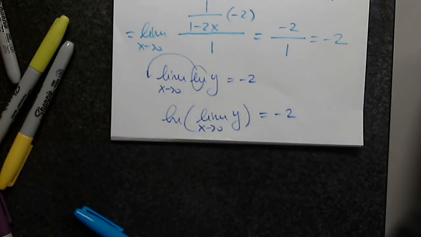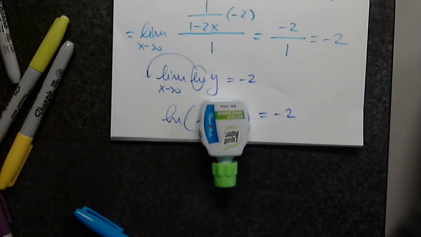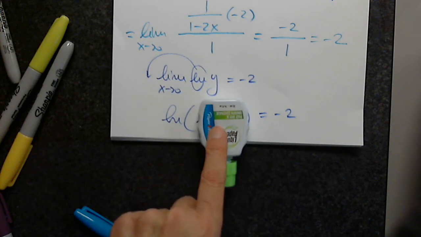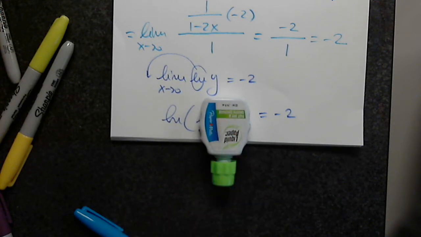Now I have to think, because there is only one number whose natural log will equal negative 2, and that will be the result of the limit of y when x approaches 0. I only have to identify this. Once I identify this, I'm finished. I determined the limit of the original function.